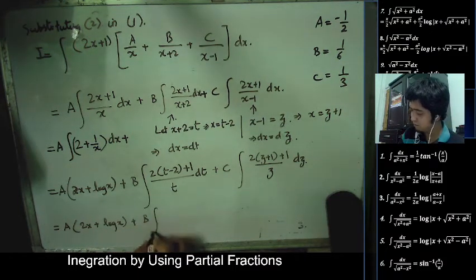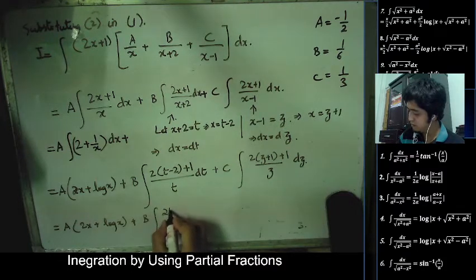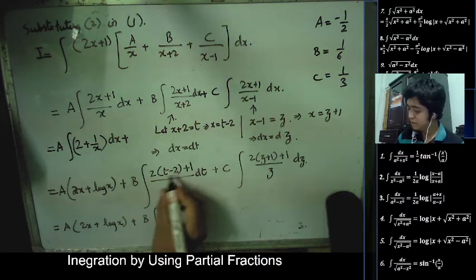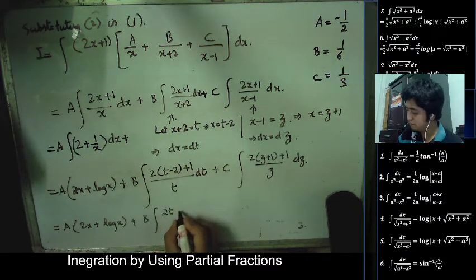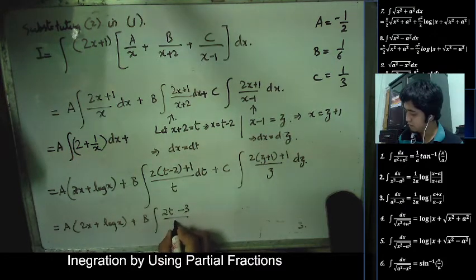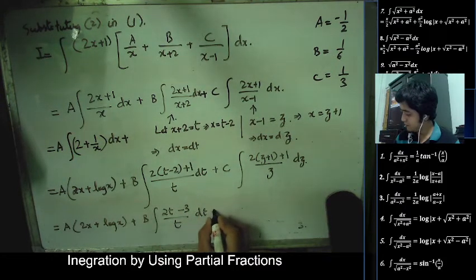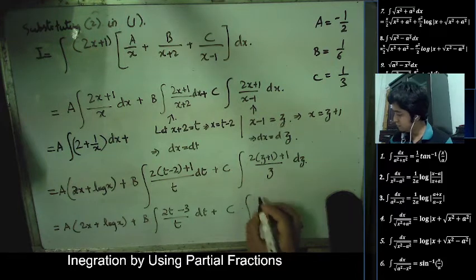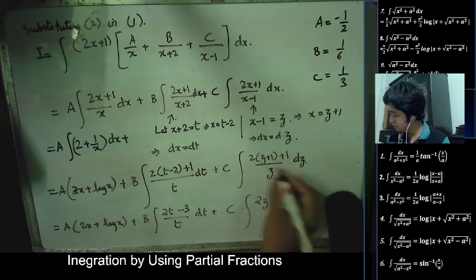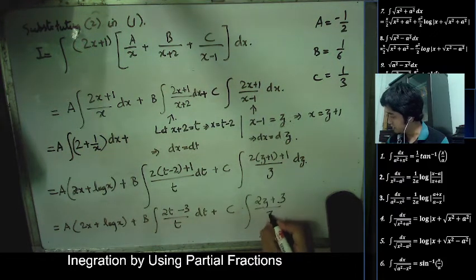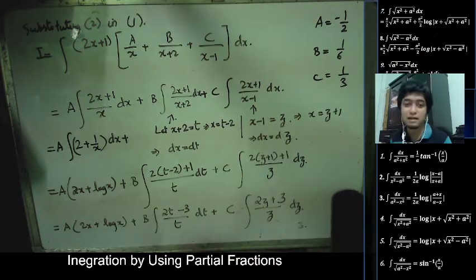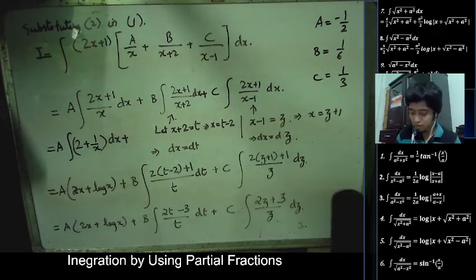So now what I will do, I will write 2t. 2 into minus 2 will give minus 4. Minus 4 plus 1 will give you minus 3 upon t, plus c, 2z plus 3 upon z dz. So this is what we are having.